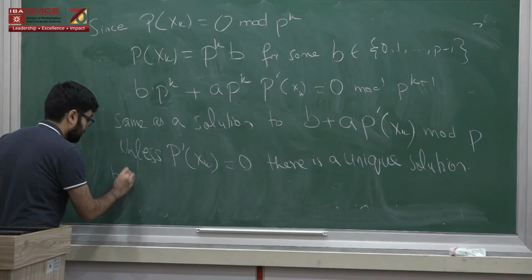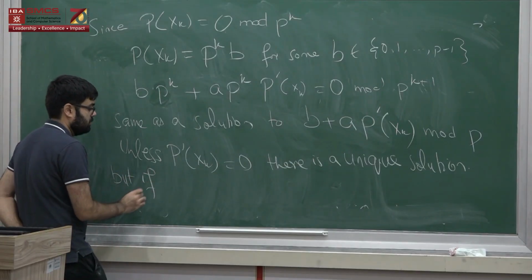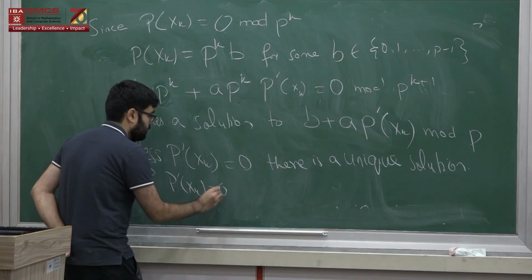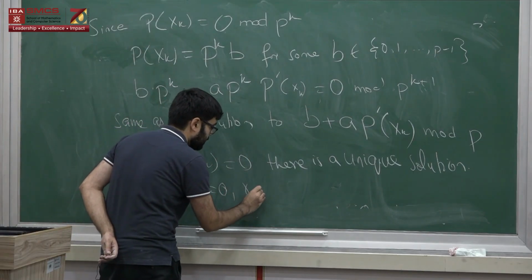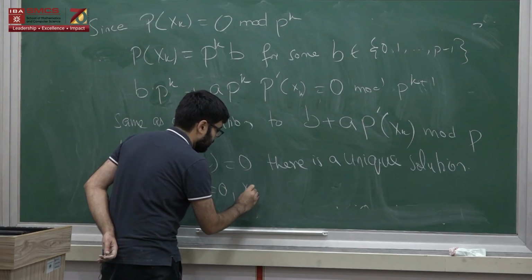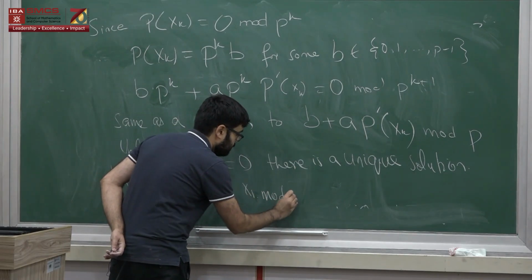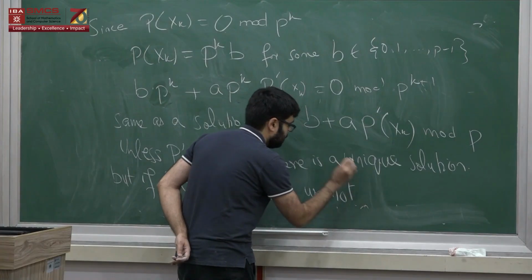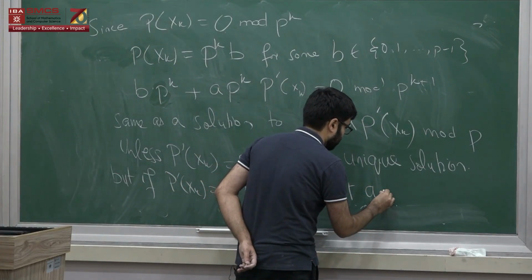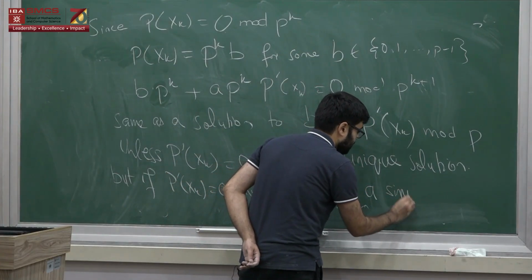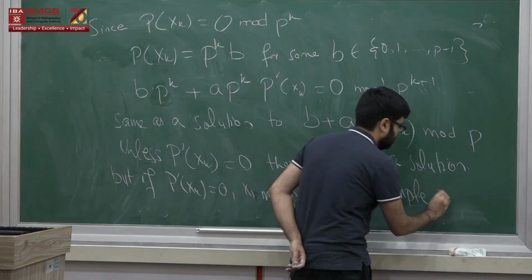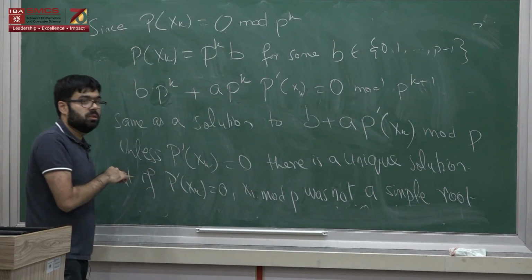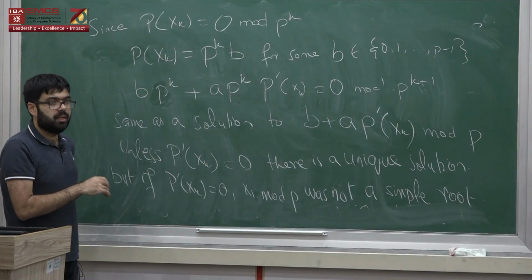But if x_k or like x_1 mod p was not a simple root, and we are done.